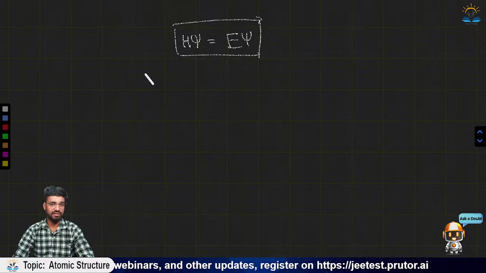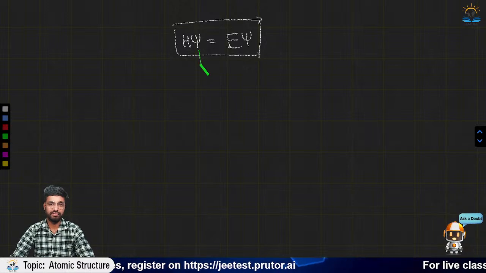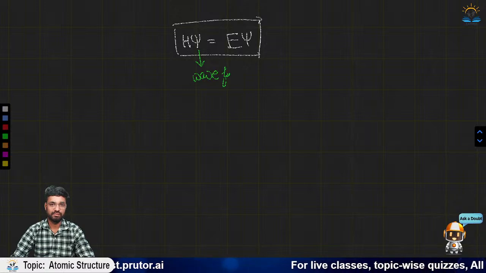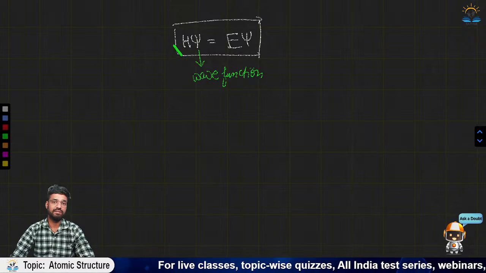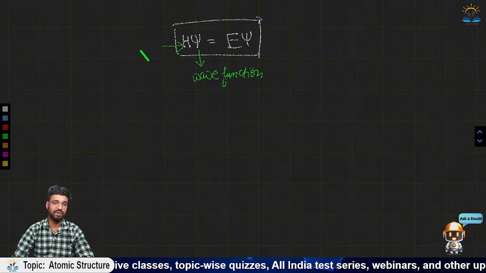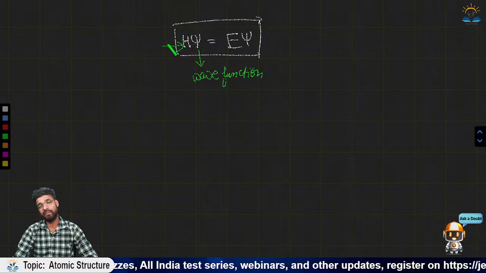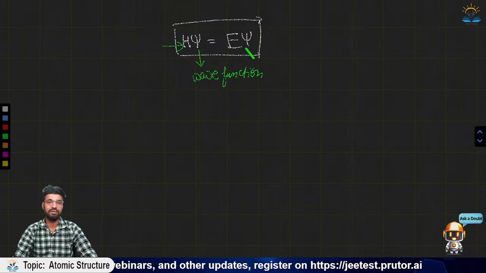This psi represents the wave function, and this H is like a tool which will operate on this wave function so that we can get our energy back.